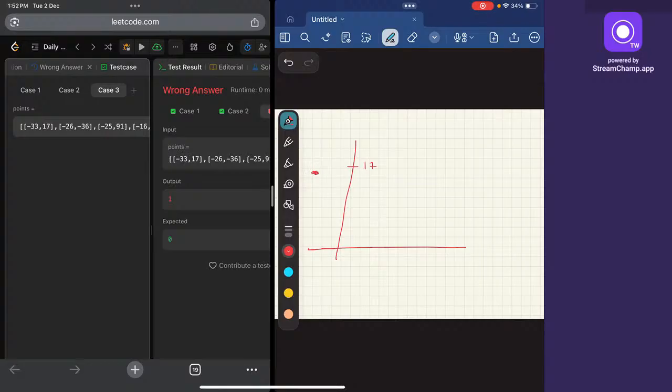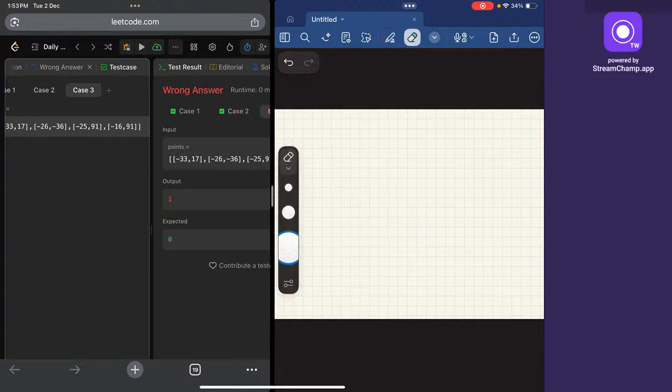And we have another point here, other point B. And y-axis, y 97, 91. What is wrong with my graphing skills?